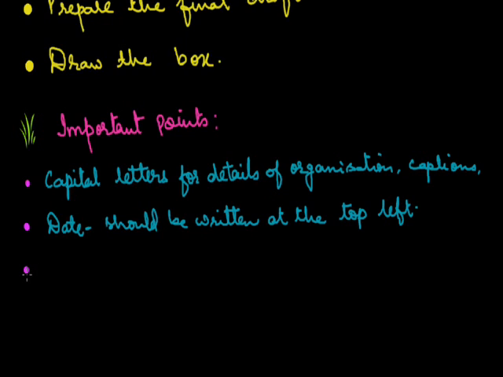Next point: the individual responsible for issuing the notice indicates the name below the signature in parentheses, followed by his or her designation. So name and designation should be there. Grammatically incomplete sentences may be used as long as their meaning is clear. Abbreviations and symbols can also be used where necessary.